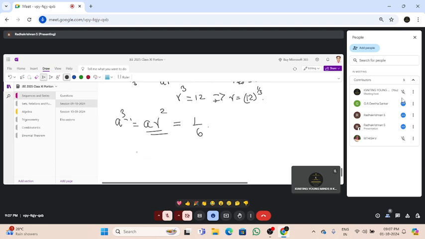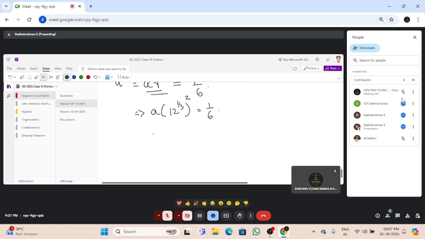We know r, that is a into 12 power 1/3 whole square, 12 power 2/3. So a will be 1/6 into 12 power 2/3. Right? So now we have a and r.